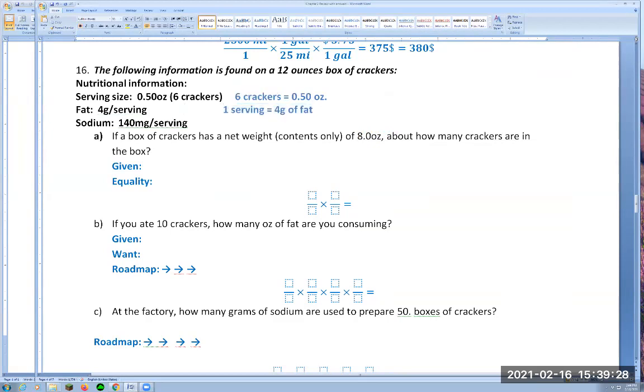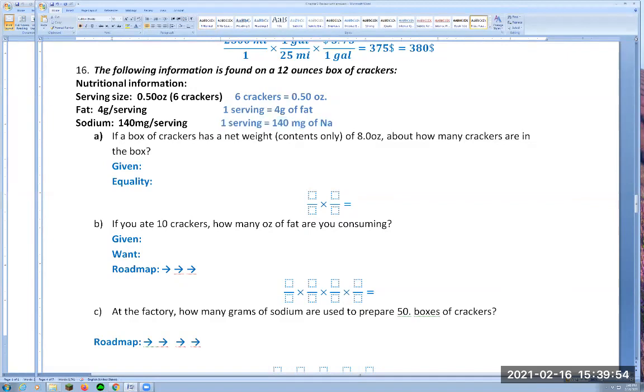And then for the sodium, we have 1 serving is equal to 140 milligrams of sodium. But we can just put Na, sodium. So you want to read these as equalities and then realize that you can use them as conversion factors.